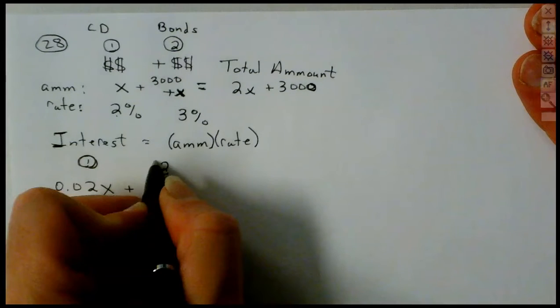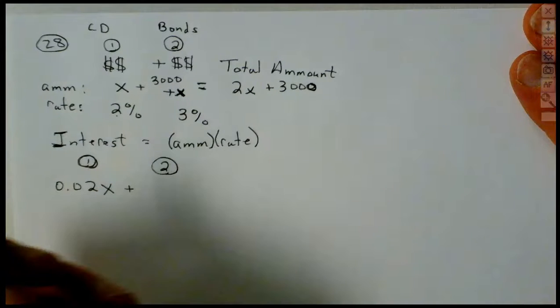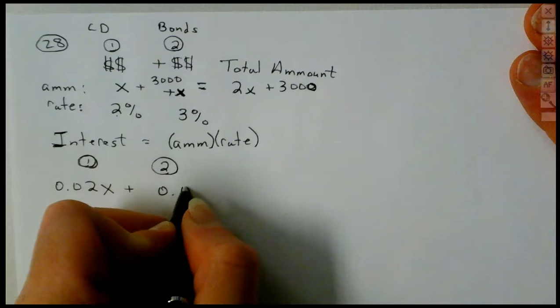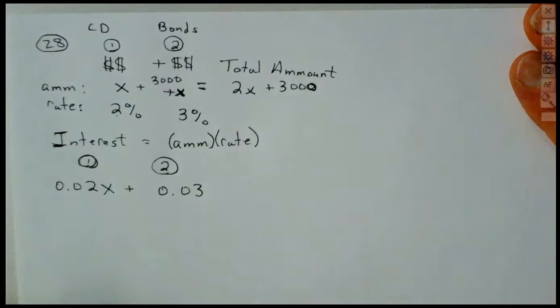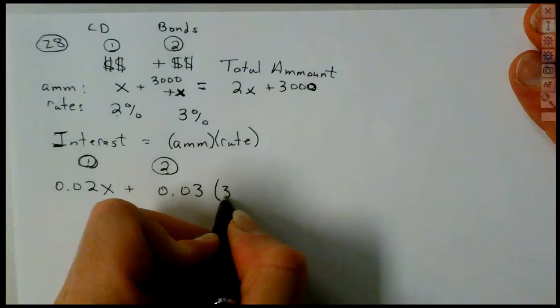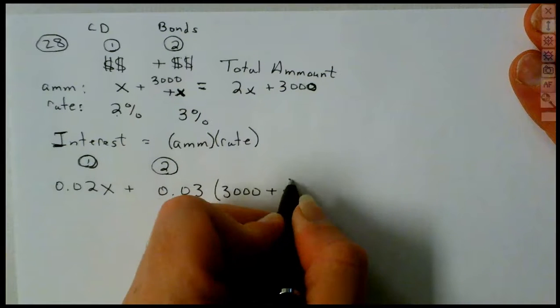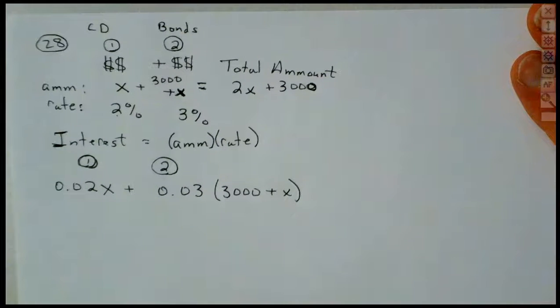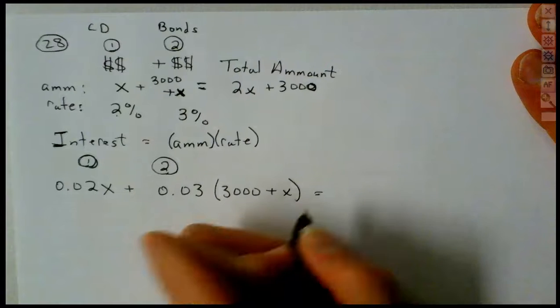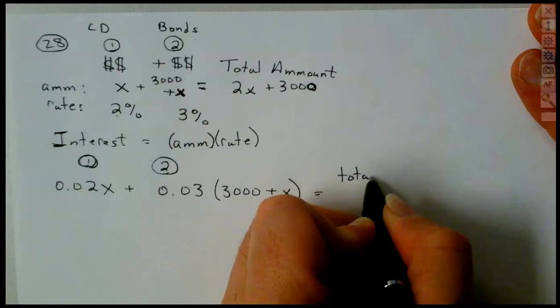Now we're going to look at our bonds. And what's our percentage rate on the bond? 3%. So that's 0.03. There's your 3%. And how much is in there? 3,000 plus X. And we're working with interest, so this is going to be the total interest, not the amount.